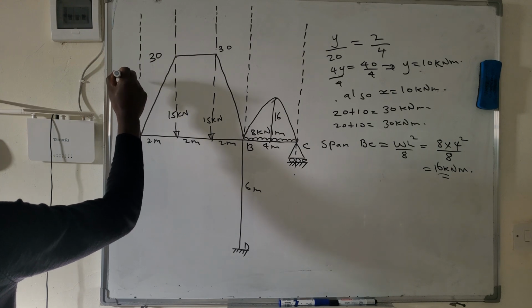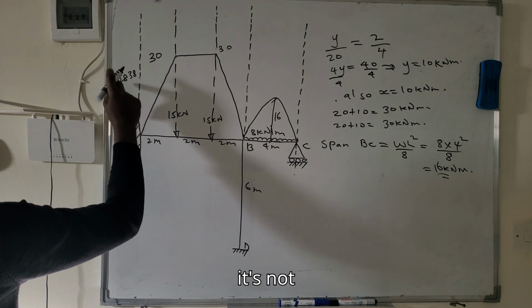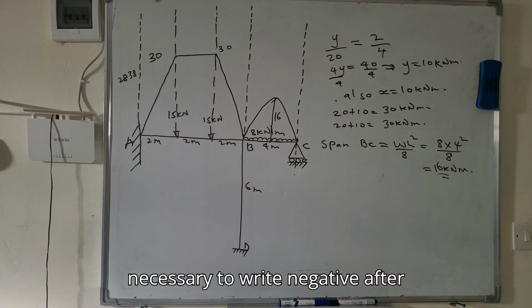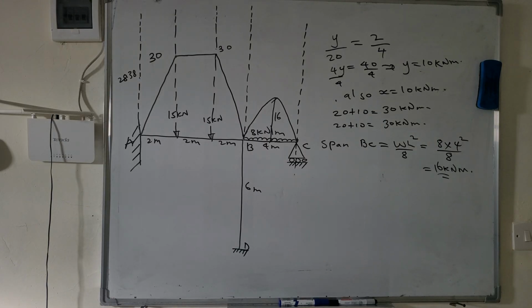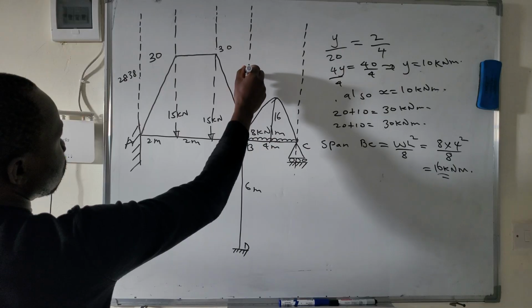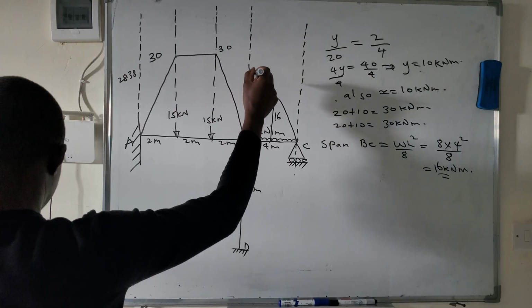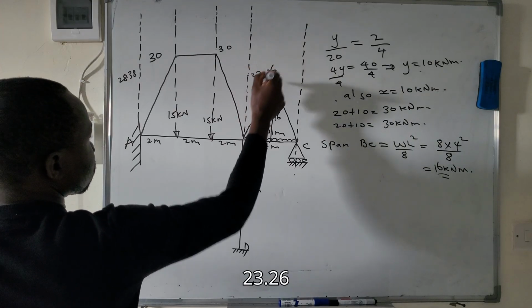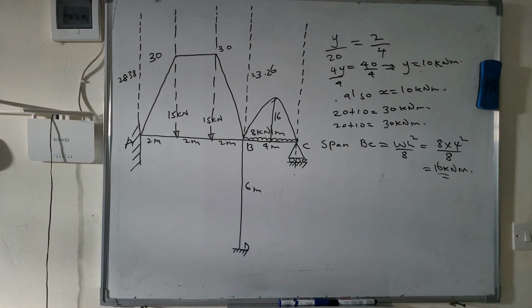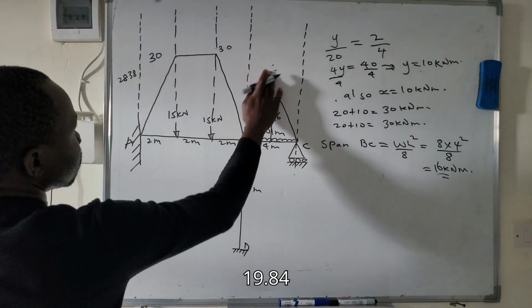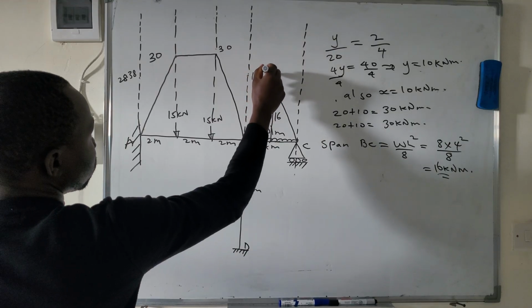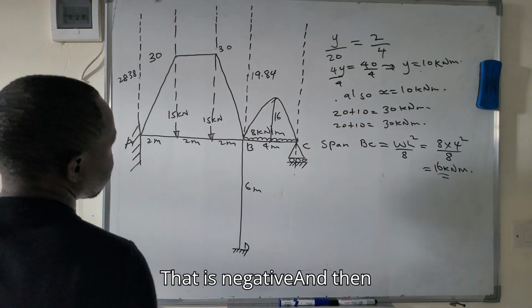After that, we had BA at 23.26, then 19.84, that is negative.